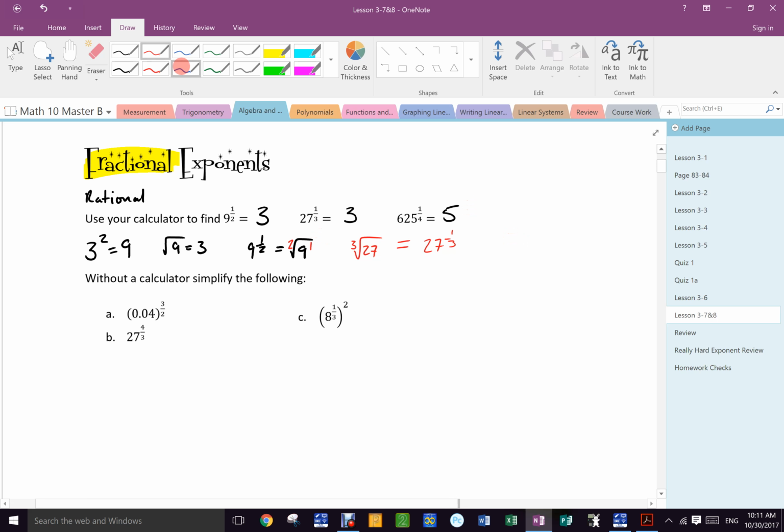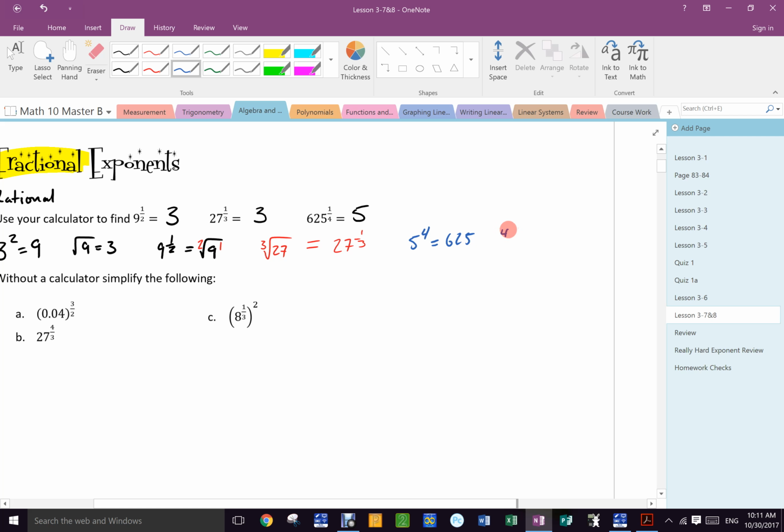What can I do here? 5 to the 4th equals 625, right? Which means that the fourth root of 625 equals 5, yes? But, as we just found out, 5 also equals 625 to the 1/4.